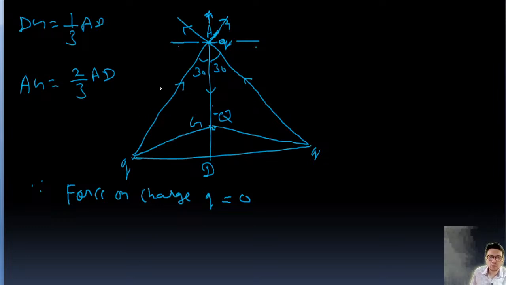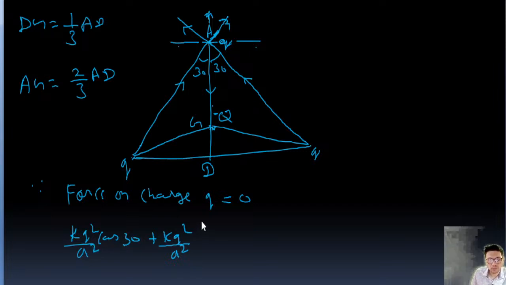So now we'll write the force on it. This means the force is 0, so this force is balancing this force, right? That's why the force on it is 0. By Coulomb's law, K Q square upon A square cos theta, or cos 30, plus K Q square upon A square.